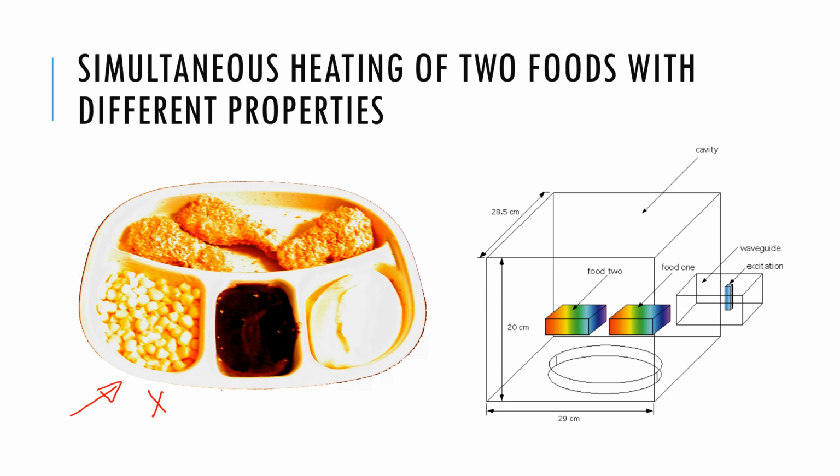So what we will do is we'll have two foods, two rectangular blocks placed in the oven as shown, and those two foods are separated enough so that one is not shadowing the other, and then they are heated simultaneously, and the two foods have quite different properties. And then we are going to do an electromagnetic simulation of this cavity, the oven plus the food system, to see how they're going to be heating.